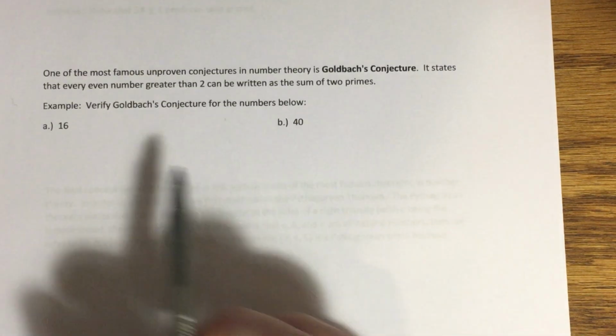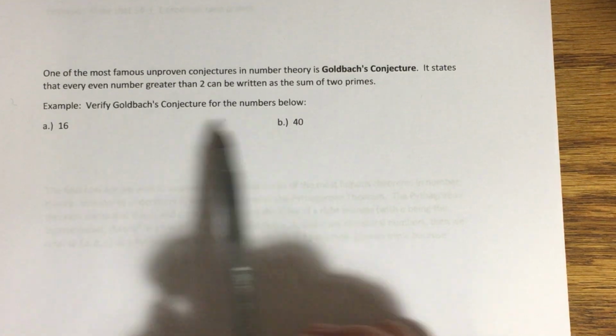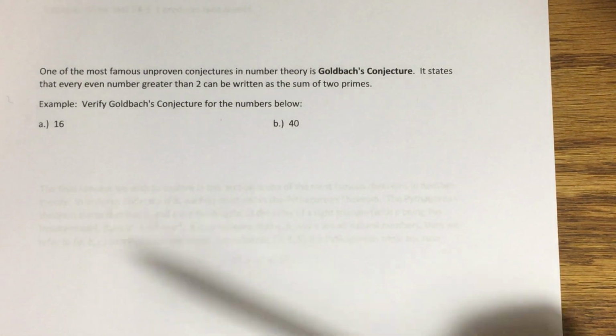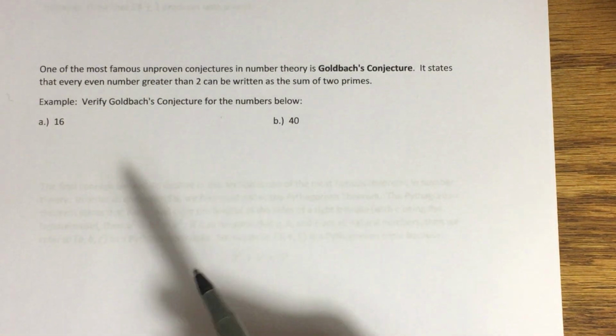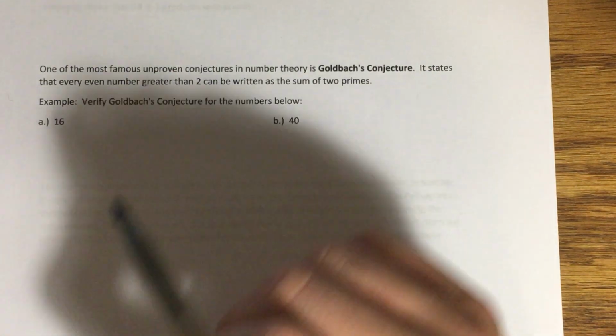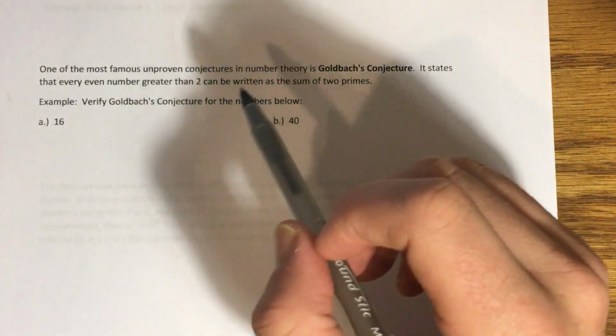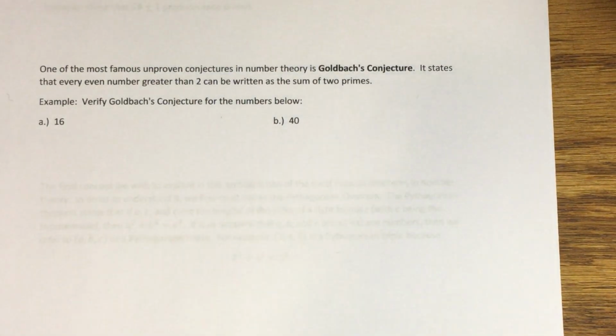So, as a couple of examples, we want to verify Goldbach's conjecture for these two numbers, 16 and 40. Both of these are even numbers, and those are the numbers for which Goldbach's conjecture applies. I want to show that 16 can be written as the sum of two prime numbers. Now, I would go so far as to say that they have to both be odd prime numbers. Remember, the only even prime number is 2.